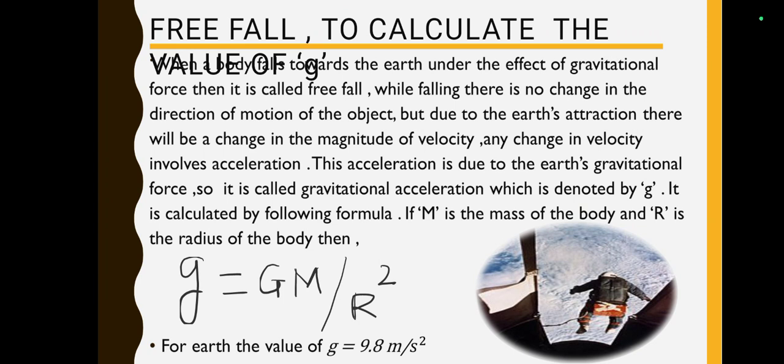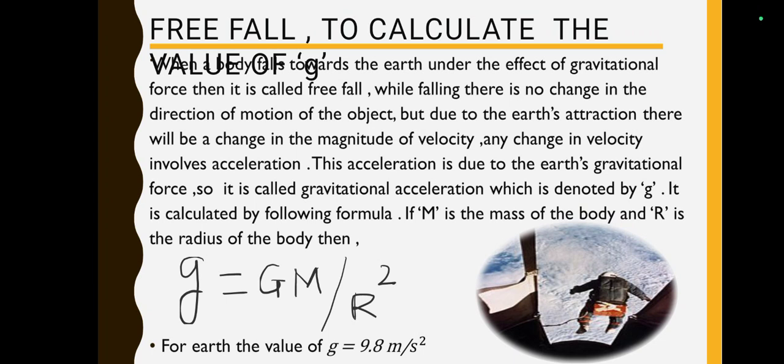So F equals ma. a is normal acceleration. Here we are using the gravitational acceleration, so a is converted into g. Small m small g equals capital G capital M small m divided by r square. So m on both sides cancels out, and remaining will be small g equals capital G capital M upon r square.